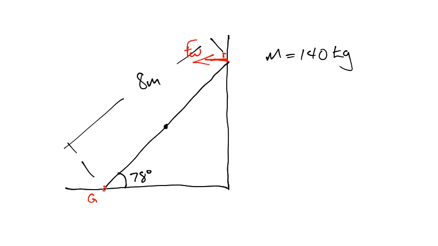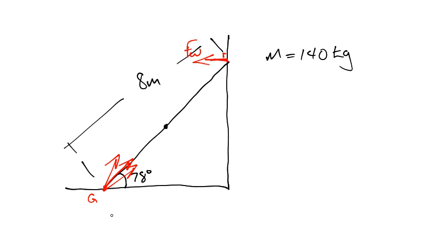Now, I'm hesitant to draw this force vector, because at this point I don't know if it's going to be like this or like this, one of these two. Don't make the mistake of assuming that the force vector is going to be along the ladder itself.